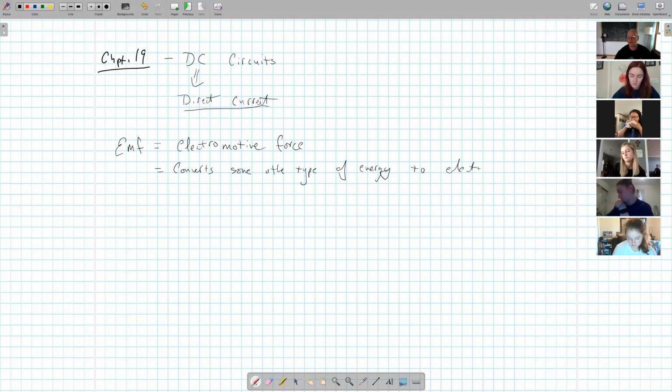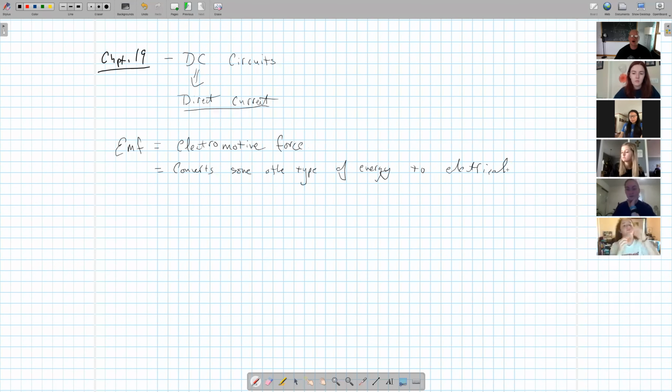So this is what an EMF is. So an EMF is anything which takes some other form of energy and converts that to an electrical energy. So for example, it could be mechanical energy. So I could just rotate a crank. That crank could be converted into electrical energy.